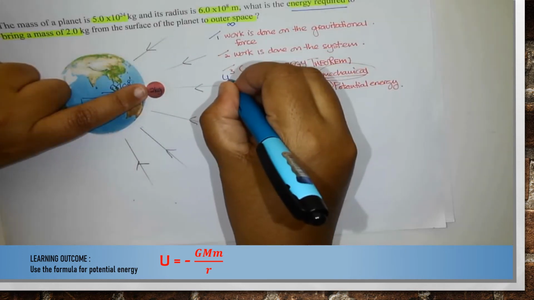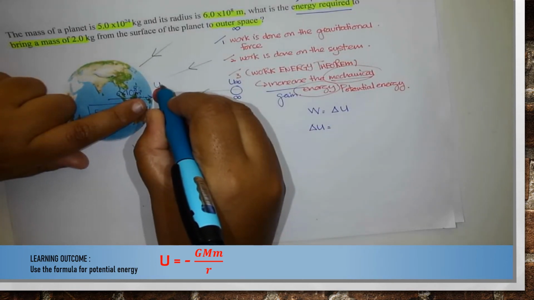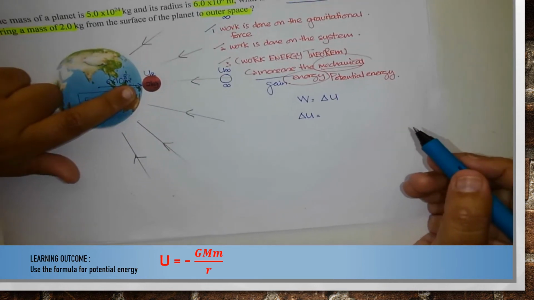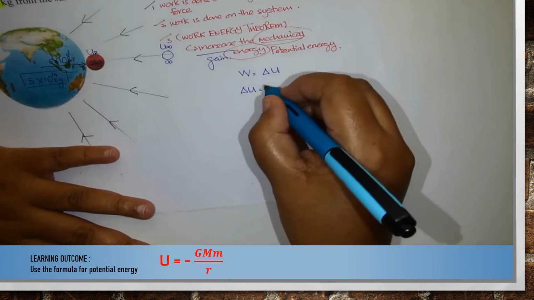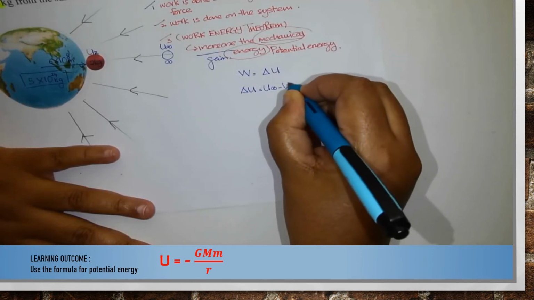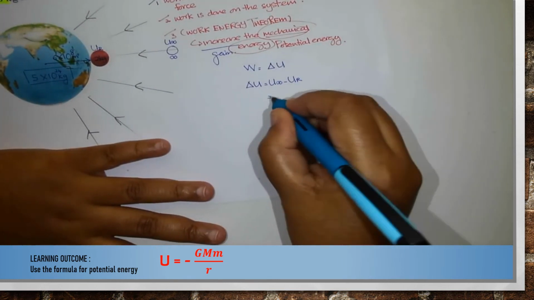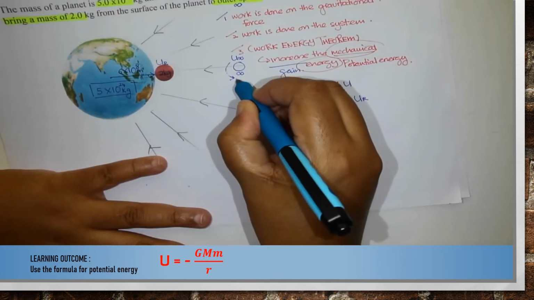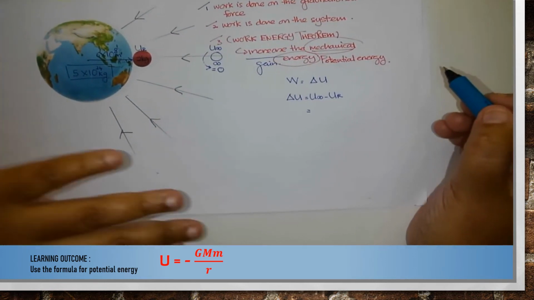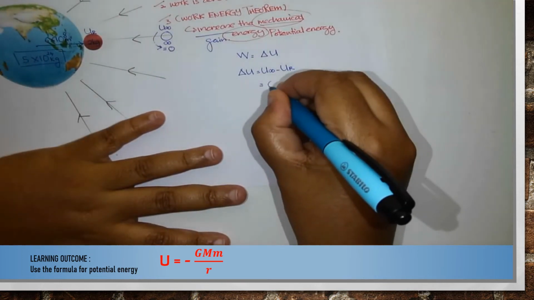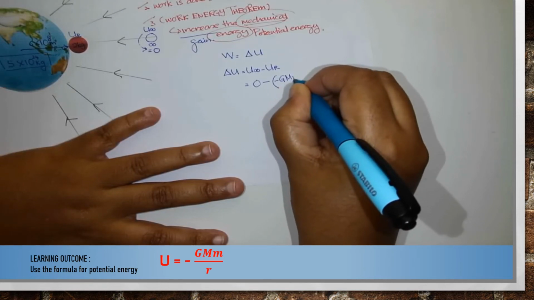You take final U infinity minus U R. So delta U is equal to U infinity minus U R. Always take final minus initial. We know U infinity is equal to 0, because potential at infinity is 0. So I put 0 minus, and the formula says negative GMm over R.